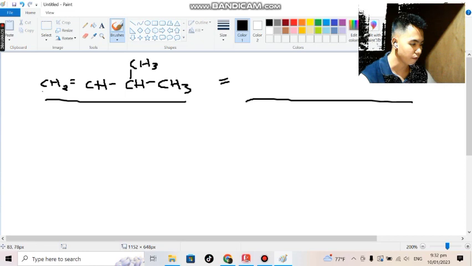So we have 1, 2, 3, and 4, meaning we have 4 carbons here. This means that this alkene is a butene.